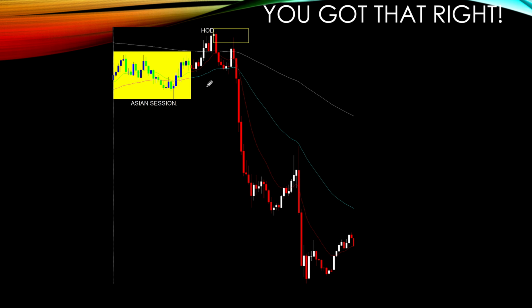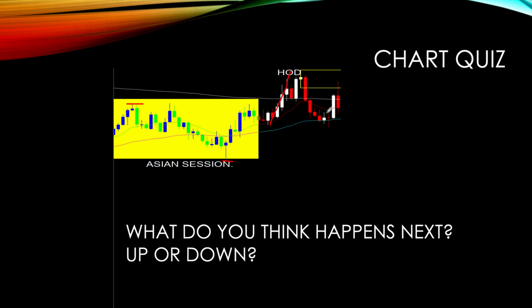Now, for some people, when they see this, especially for breakout traders or support and resistance traders, there's a lot of reasons why you could think this will go long. For support and resistance traders, they could plot this area, say support, resistance, and call this the key level. As you can see, you've got support there. Even some SMC traders would probably look at this as an order block to go long.